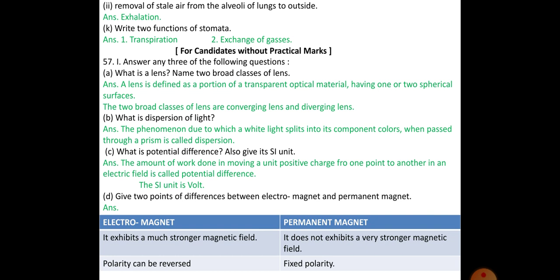Give 2 points of difference between electromagnet and permanent magnet. Electromagnet exhibits a much stronger magnetic field, but permanent magnet does not exhibit a very strong magnetic field. In electromagnet, the polarity can be reversed, but in permanent magnet, the polarity is fixed.